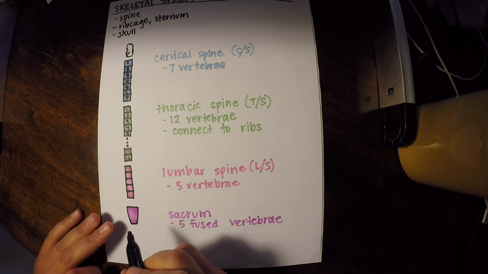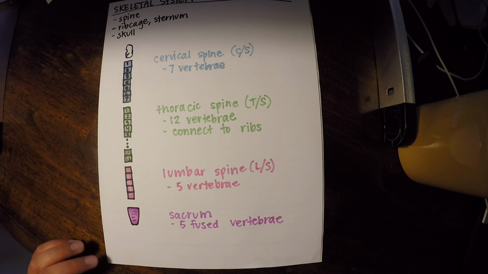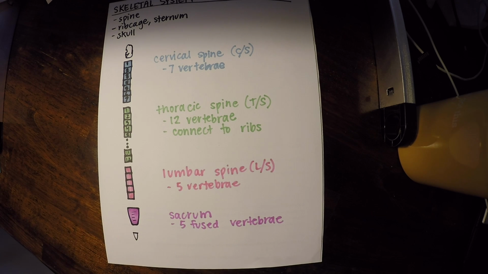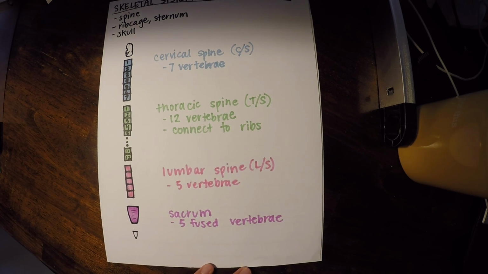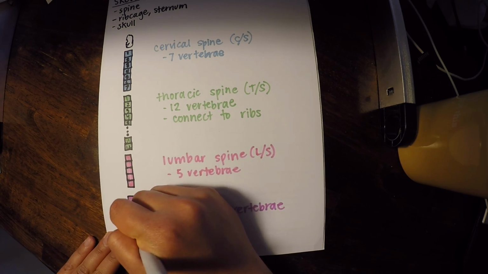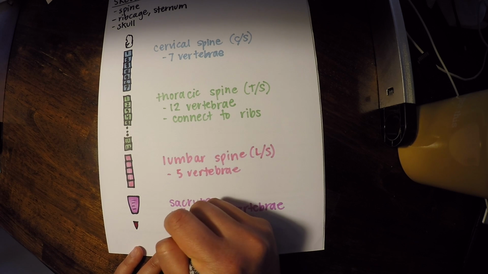But I'm going to draw some little lines in here so that you remember that it's actually 5 different vertebrae that are fused. And then the last piece at the very bottom is our coccyx, which is also known as our tailbone. And what's crazy is that our coccyx is also either 3 to 5 fused vertebrae, depending on the person.